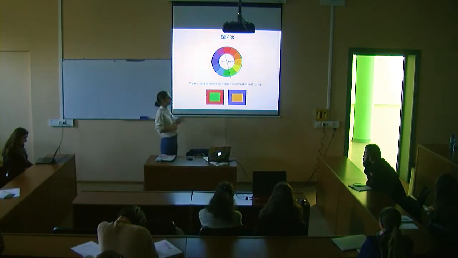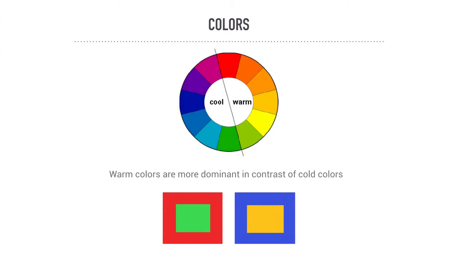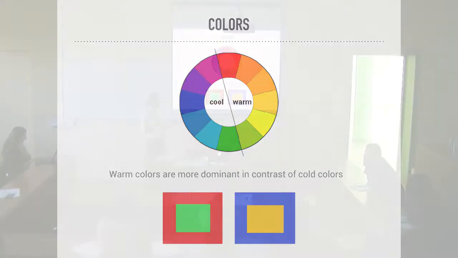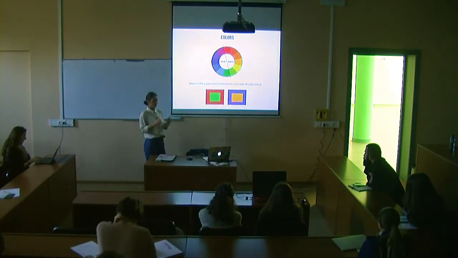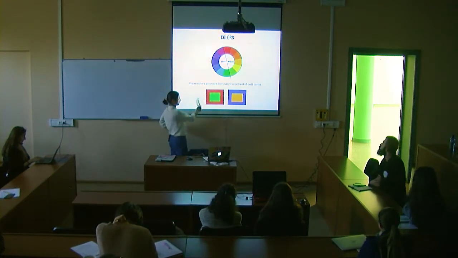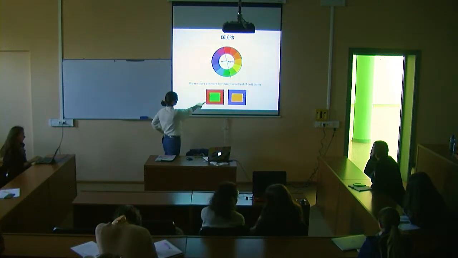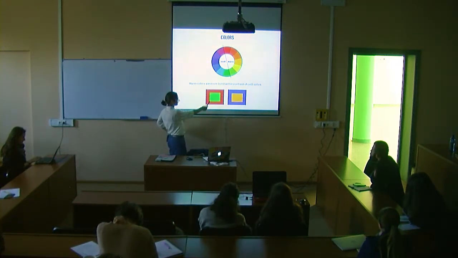But when we are using them together, as you can see, warm colors are more dominant than cool colors. For example, in this case, it's not advised to use them together, but in general, this is an example for realizing how dominant warm color is. Do you see this case?